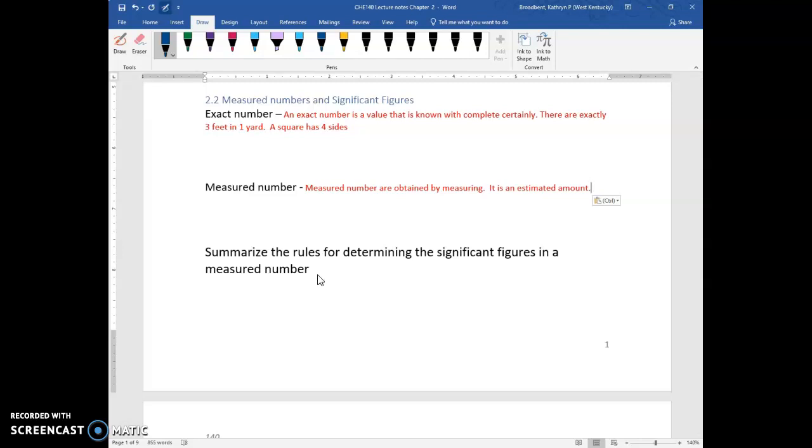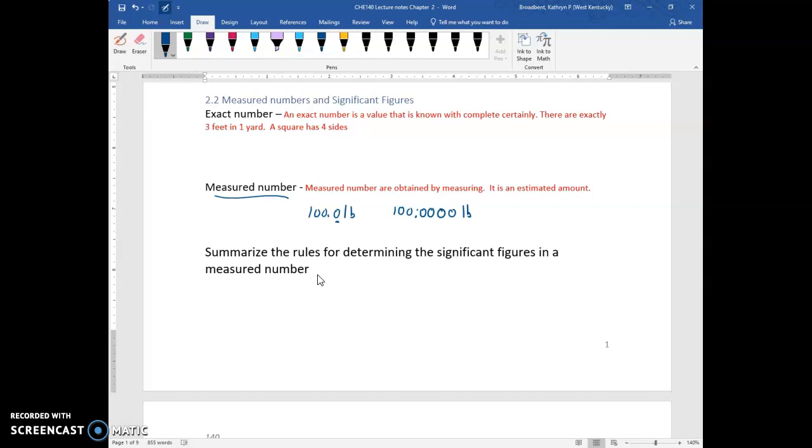A measured number is dependent on the instrument you use. I can use my bathroom scale and find out that I weigh 100 pounds. My bathroom scale goes to the 10th place. Or I can use a precision balance in the lab and find out that I weigh 100.0000 pounds.